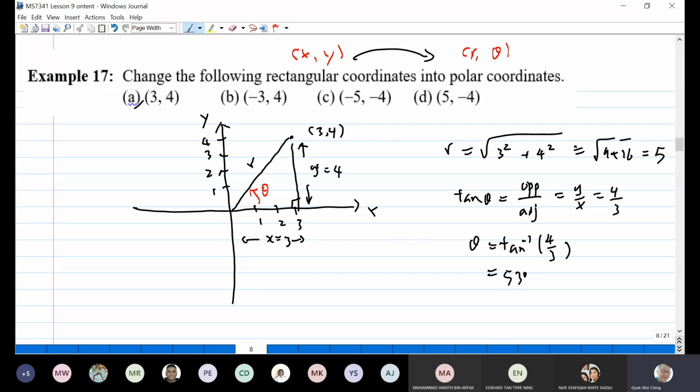You look at the diagram and draw it for 53 degrees. So this is how you find answer of part A. Okay, where is r? Where is theta? Okay, and that is for part A.